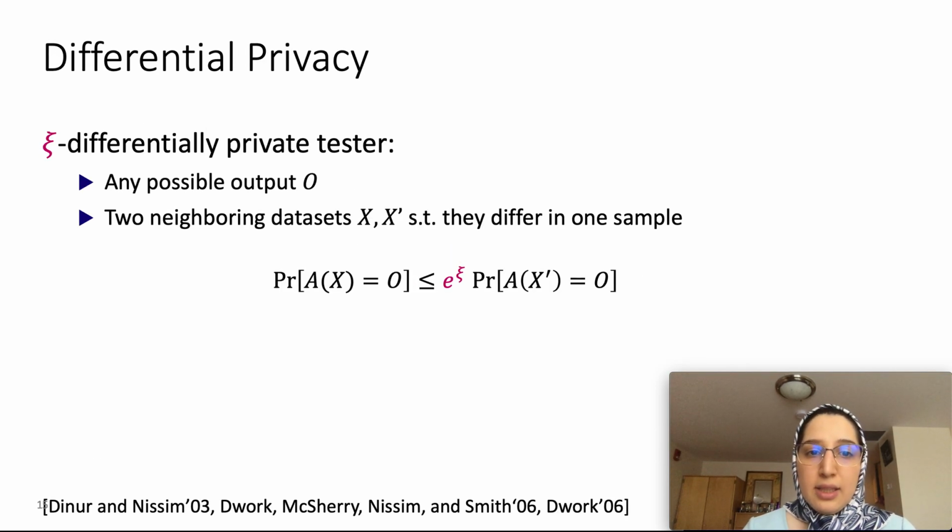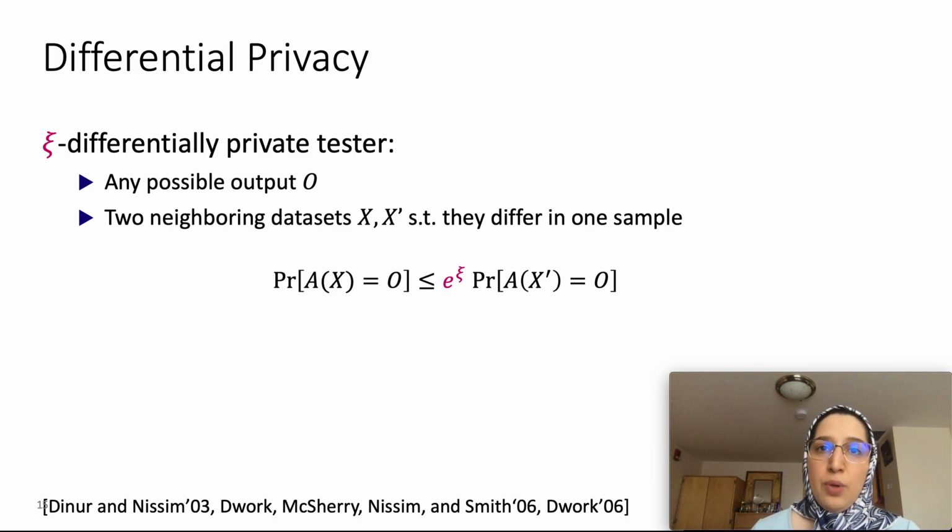To mathematically define this, we suppose we have, for any possible output O, and for any two data sets X and X prime that differ in one sample, we want the probability of outputting O to remain pretty much the same.